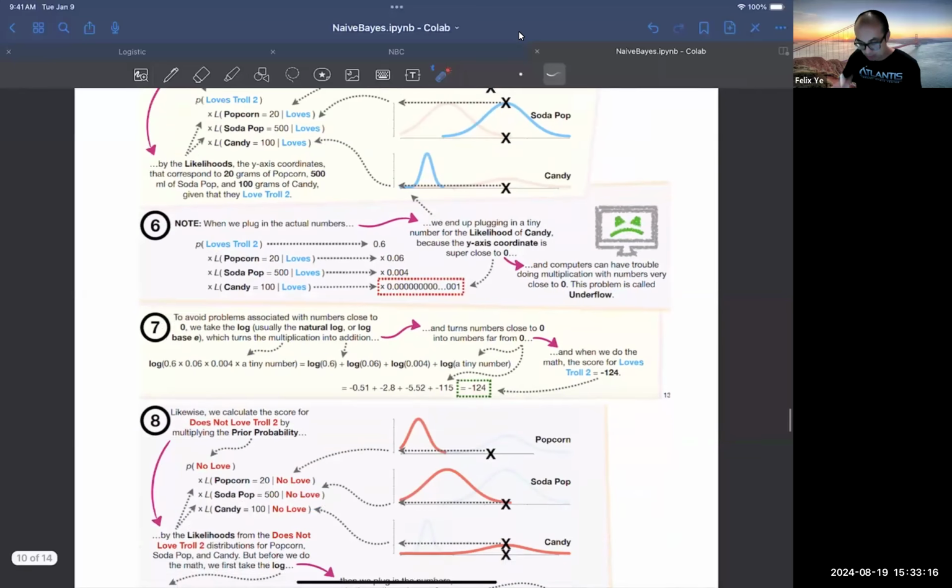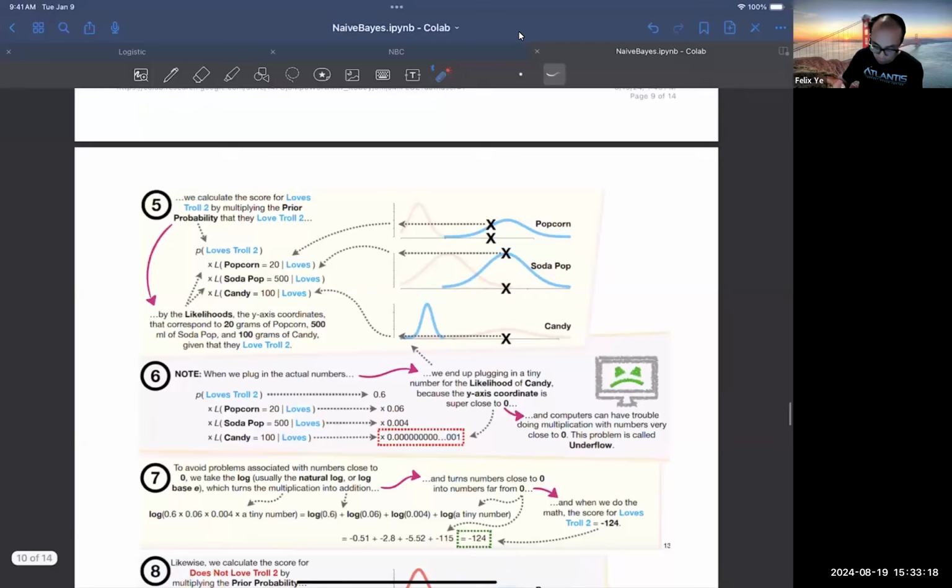To avoid this situation, instead of working with the multiplications of these tiny probabilities, we are going to take the logarithm, usually the natural log with a base of e, turning the multiplications into additions, which is significantly more convenient. In this case, the log of the first couple of probabilities is quite large, but the last one is super tiny.